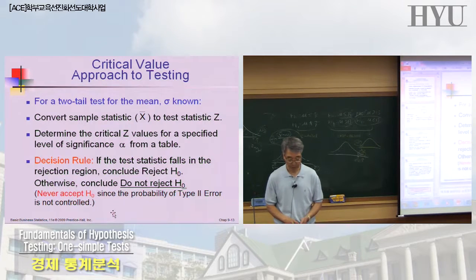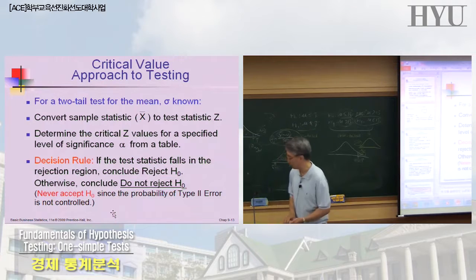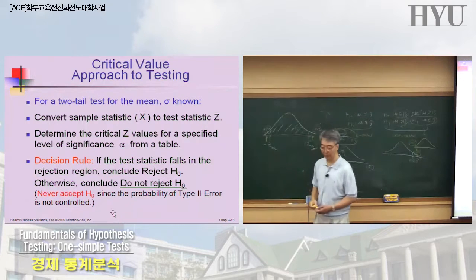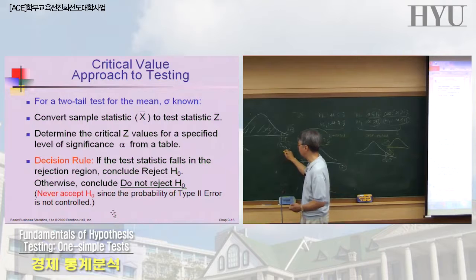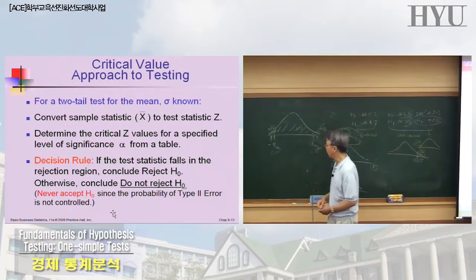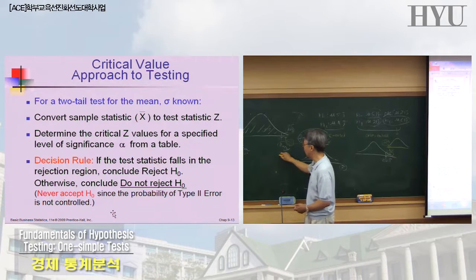which has alpha divided by 2 area on its outside. So from the Z table, you can find the Z-scores which have alpha divided by 2 on their outside. Those are the critical values. Compare the test statistic and critical value and make a decision.